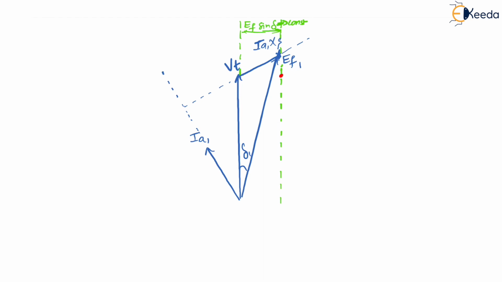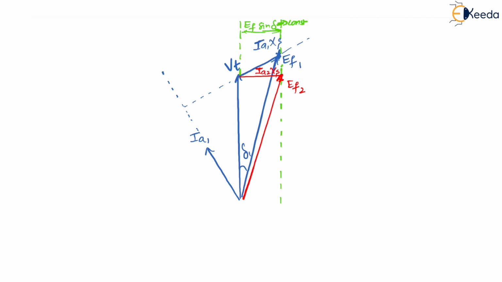So this is nothing but my EF2. If you see, the length decreased, but EF sine delta is constant. What about the IA2 axis? Between VT and EF2 only one thing is there, which is nothing but the IA axis. So here I will have the IA2 axis. Problem solved.